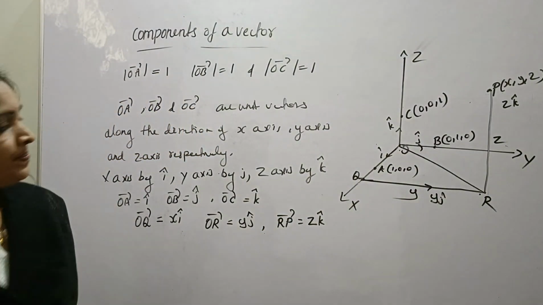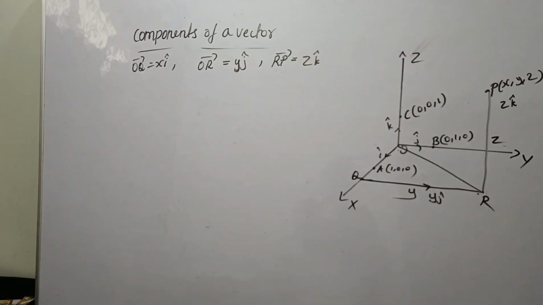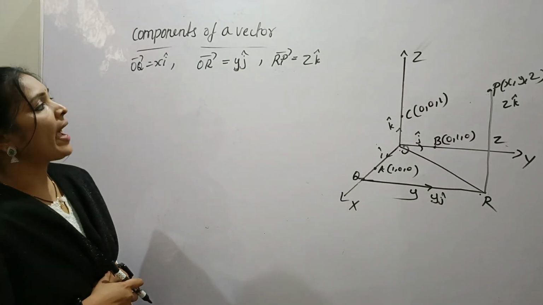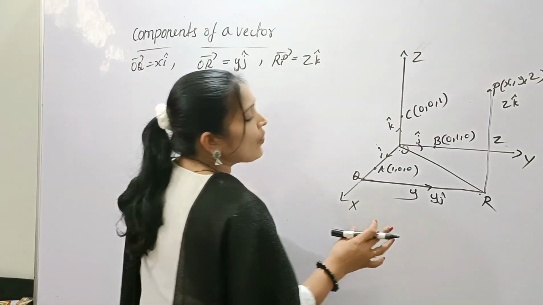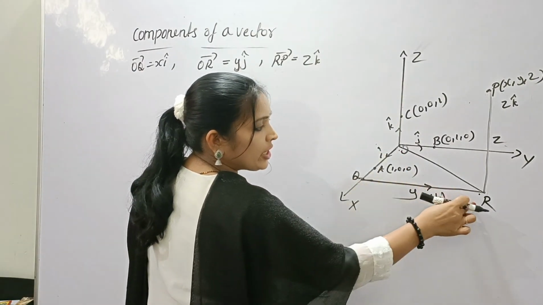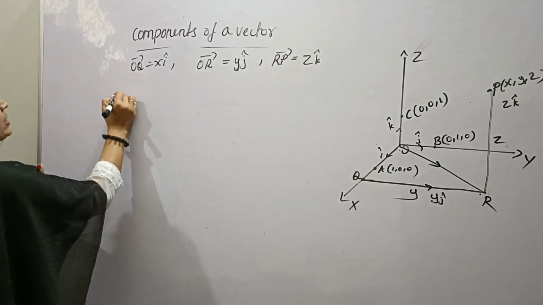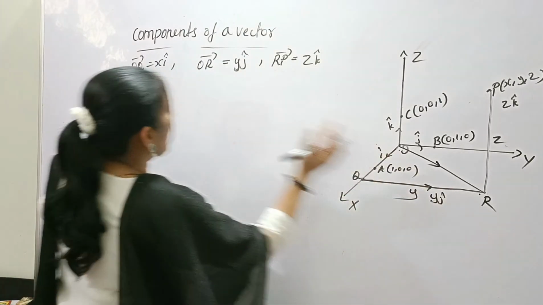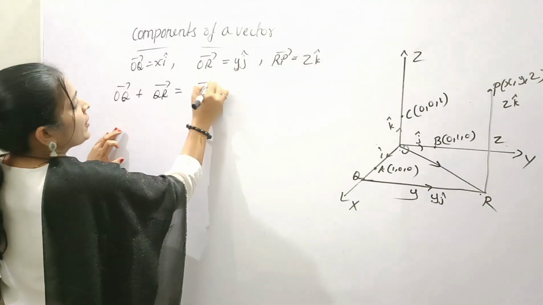We have got vector OQ equal to x i, vector QR equal to y j and vector RP equal to z k. By the triangle law of vector addition, vector OQ plus vector QR is equal to vector OR.